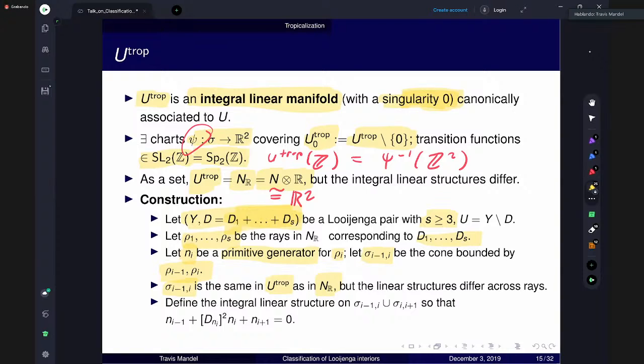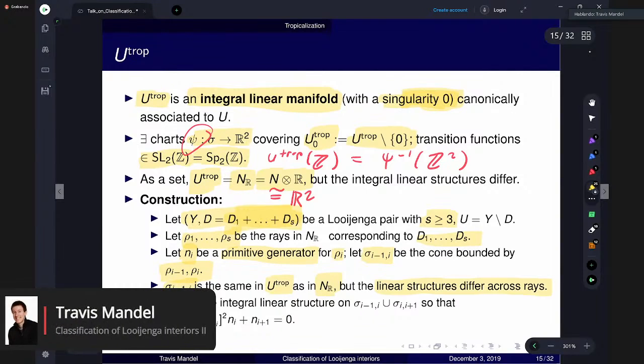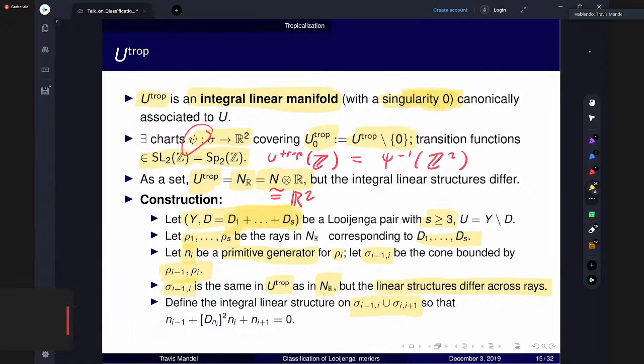So what we have to do is say how you understand the integral linear structure across the rays between cones. If you take 2 adjacent cones and look at their union, we just need to say for each such pair what the integral linear structure on that union is. And that will tell you what happens across the ray. We specify that the integral linear structure should make it so that this is true.